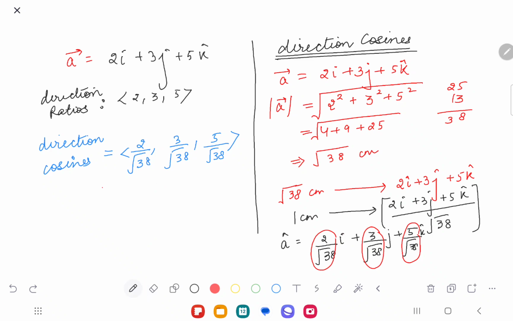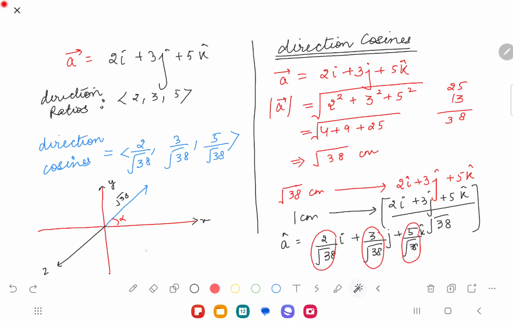So, for example, we have this y axis, this is my x axis, and this is my z axis. Now, just see, for example, if we have this particular vector. Do you understand that this vector's length is root 38? And this vector is making an angle theta or alpha with the x axis.